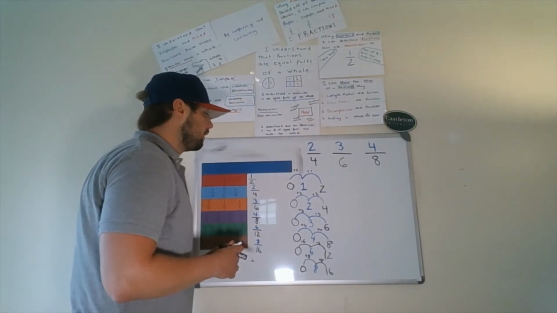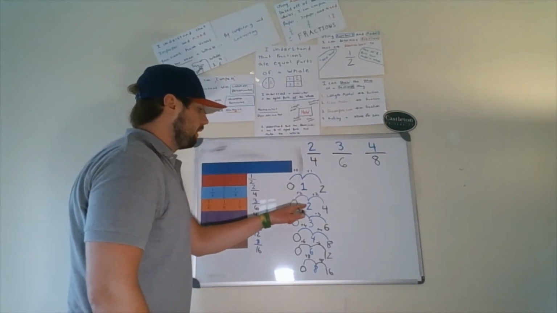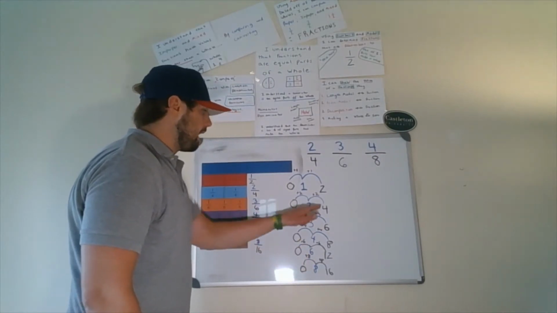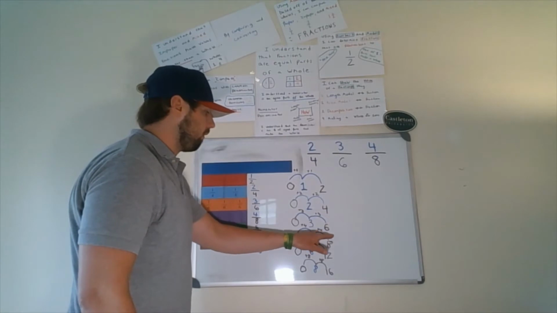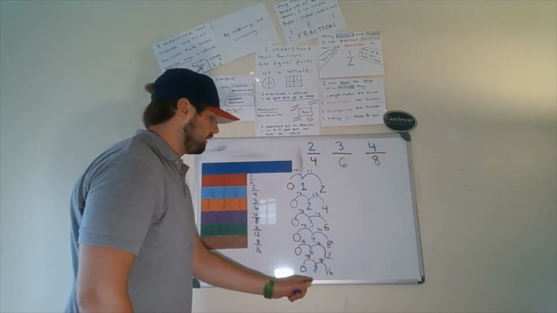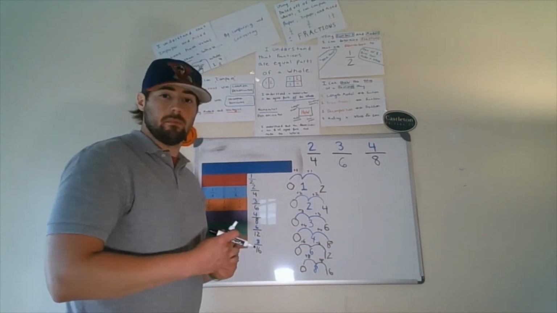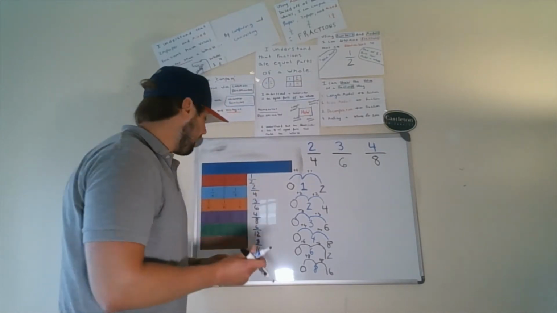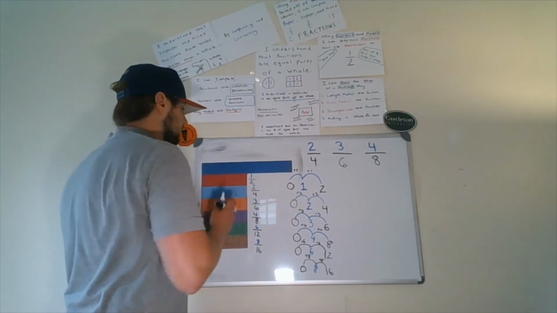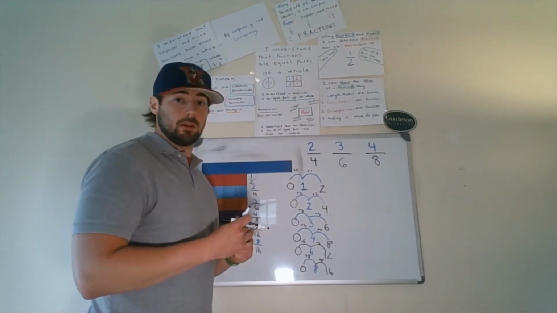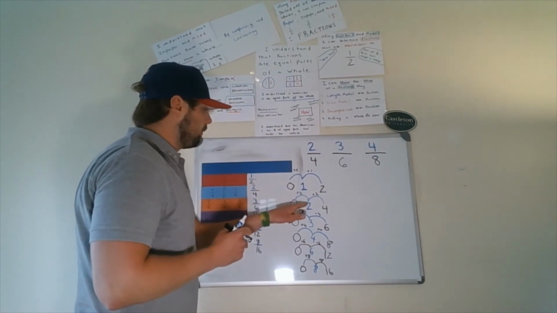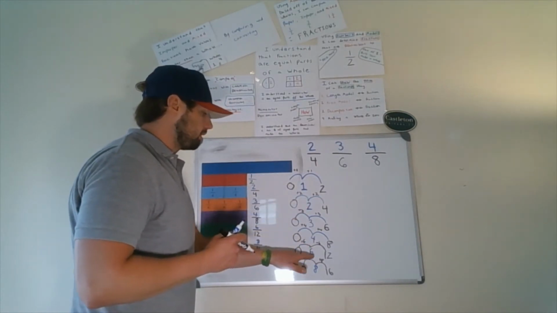Notice with our parts and our parts that make the whole, it is smack dab in the middle with the numbers. So not only with our models is it smack dab in the middle, it is 1/2, but also with our parts.